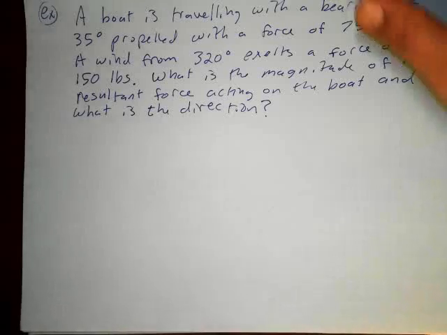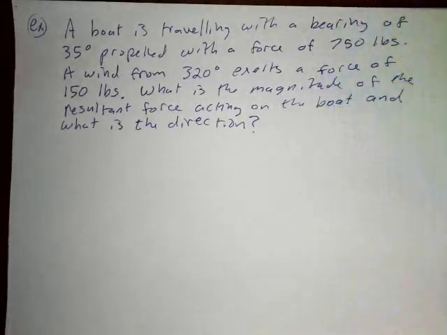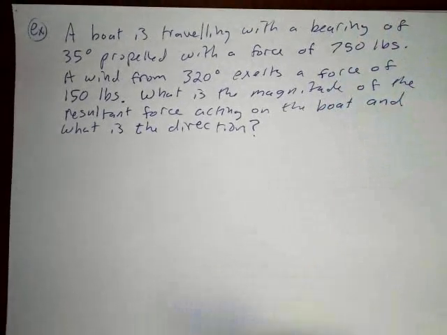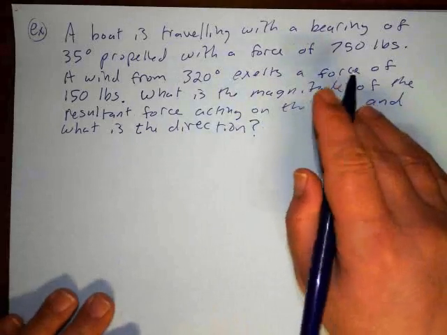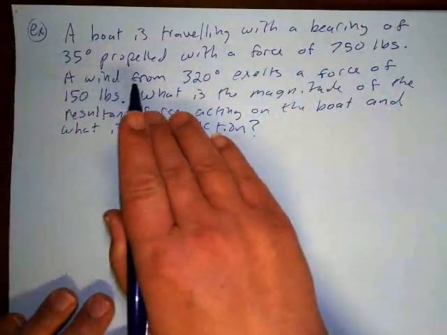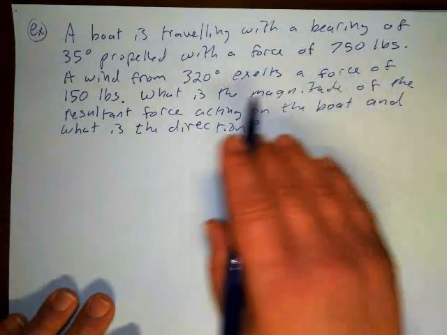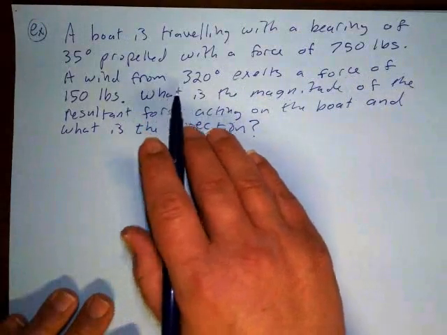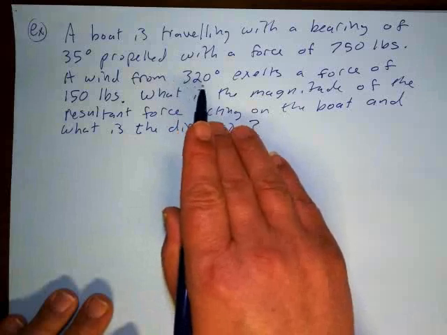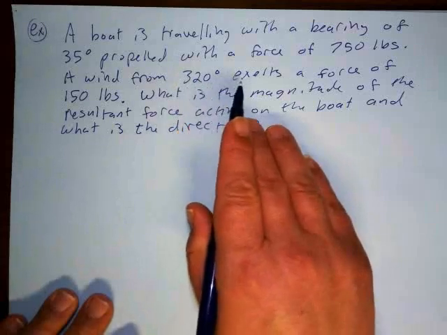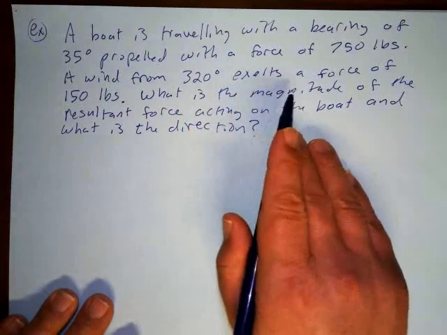Here's another application problem that involves bearings. A boat is traveling with a bearing of 35 degrees, propelled with a force of 750 pounds, and then a wind with a bearing of 320 degrees exerts a force of 150 pounds.